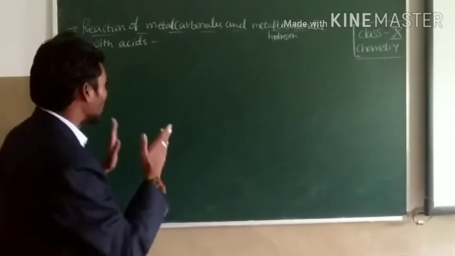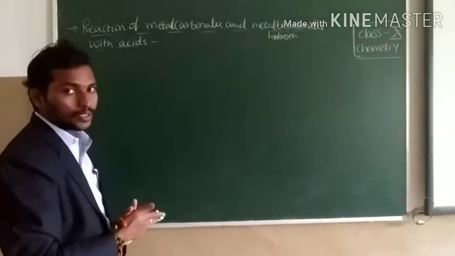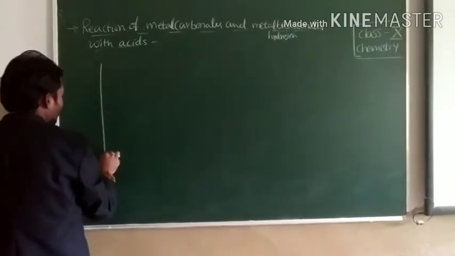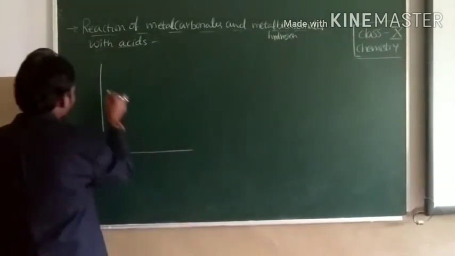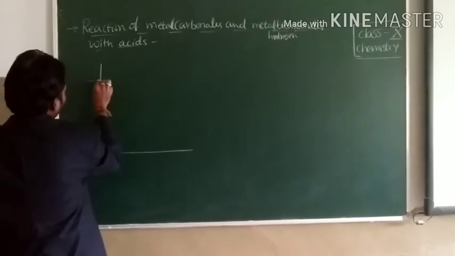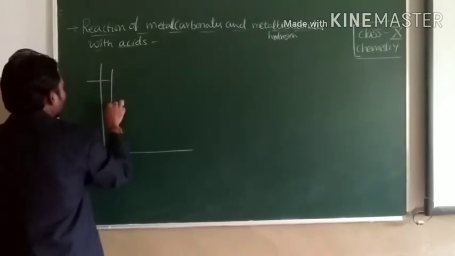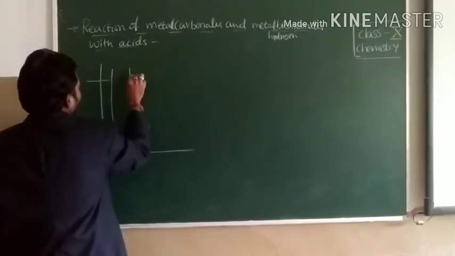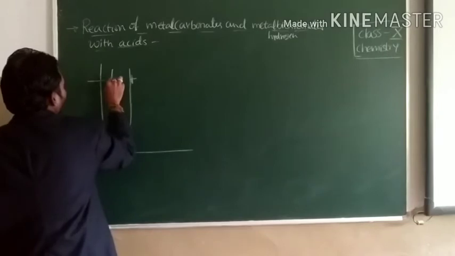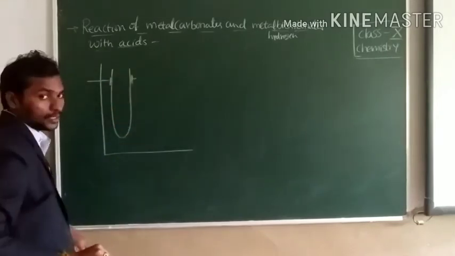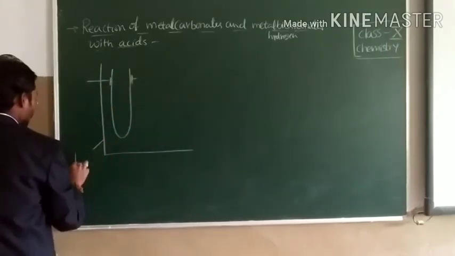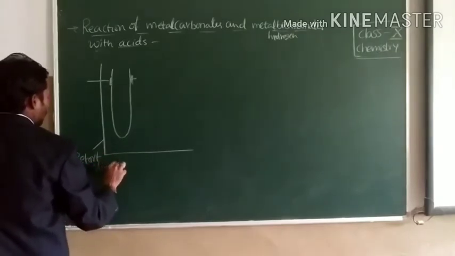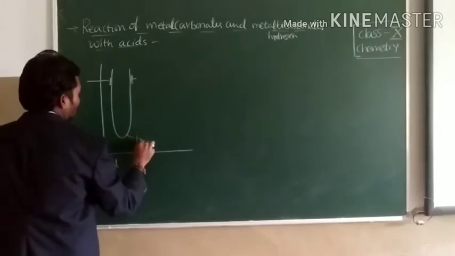Let us see the experimental arrangement of the reaction of metal carbonates with acids. First we should consider the retort stand, and with the help of a clamp we fix a boiling tube to the retort stand. This is the retort stand and this is the boiling tube.